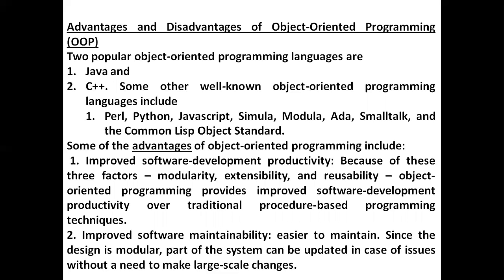Object oriented provides improved software development productivity because of these properties, and it is better than the traditional procedure based programming technique. The next advantage is improved software maintainability, means because of objects and modules you can maintain objects easily and update them easily.